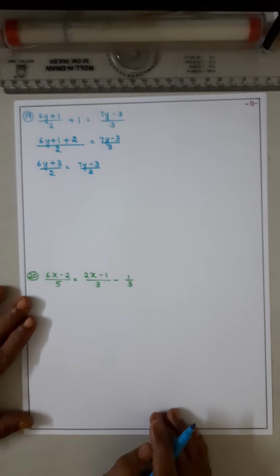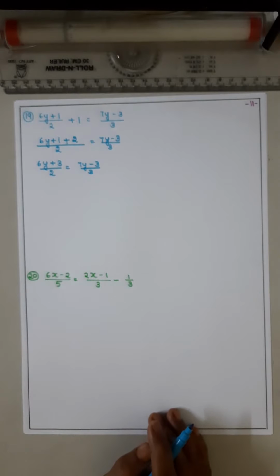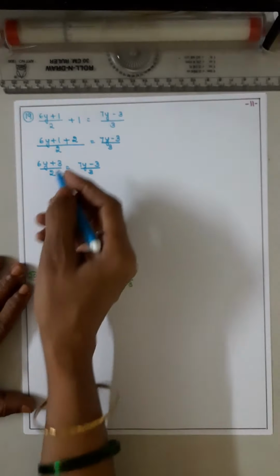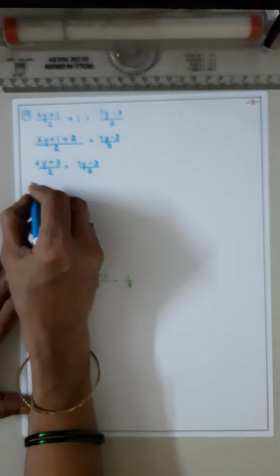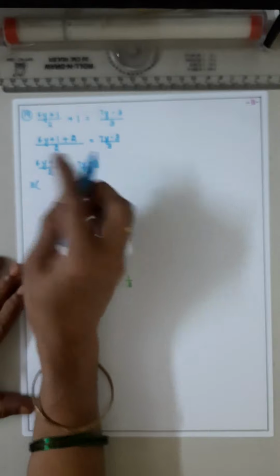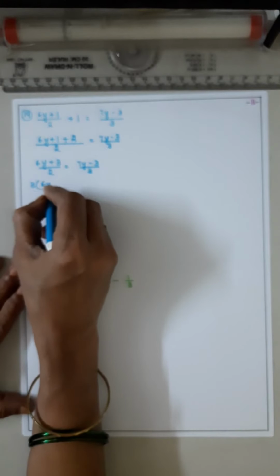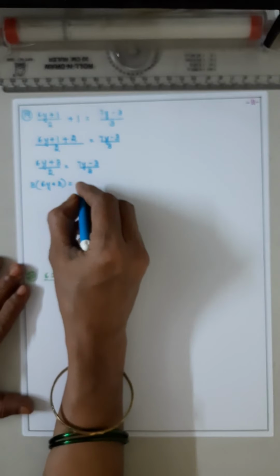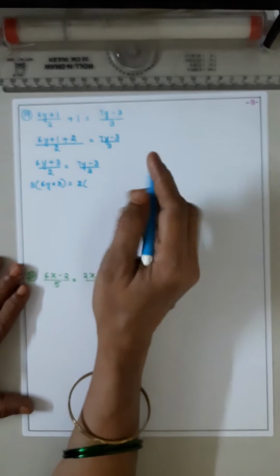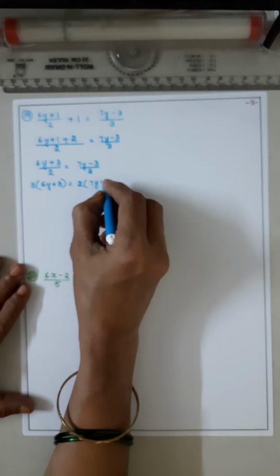So what is the method? It is cross multiplication. So multiply these two and these two. So it is 3 bracket (6y plus 3) is equal to 2 bracket open, 2 into (7y minus 3).